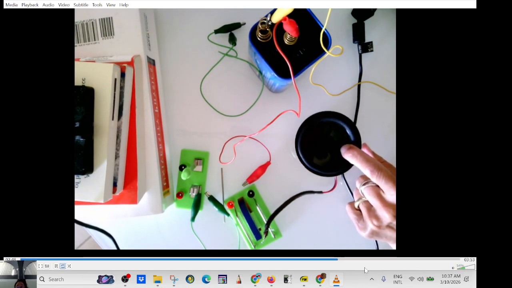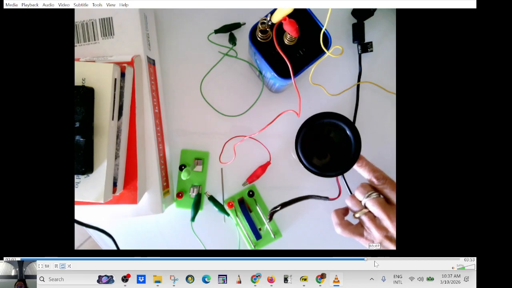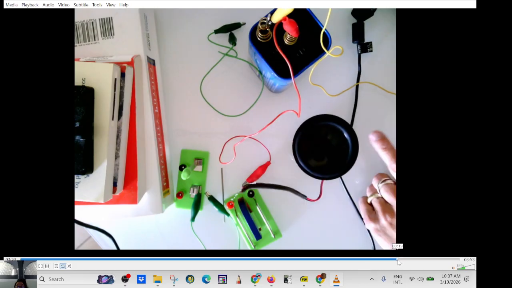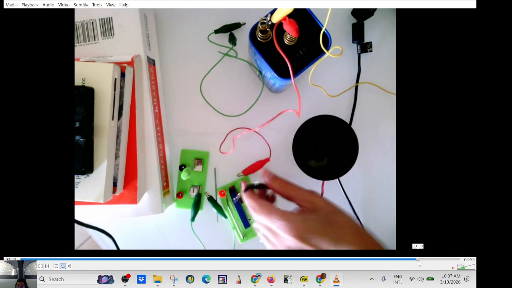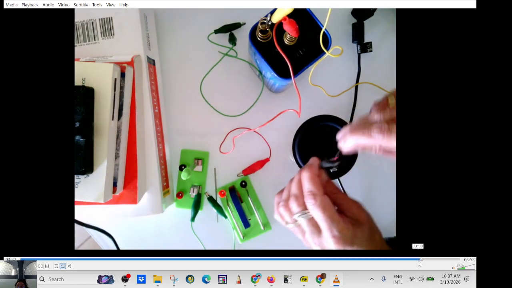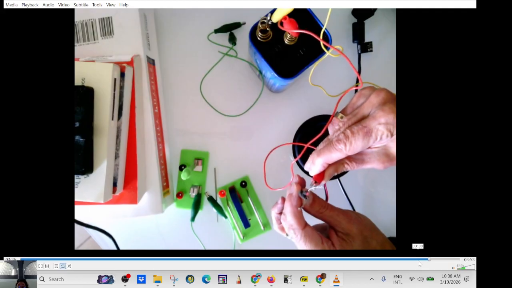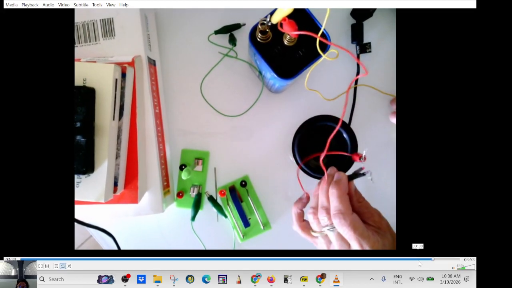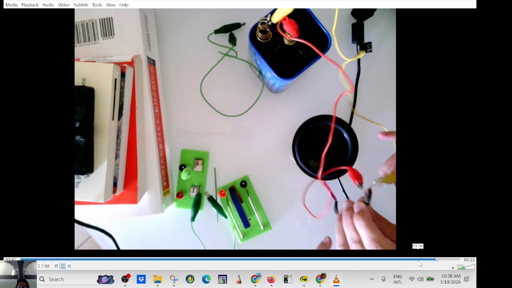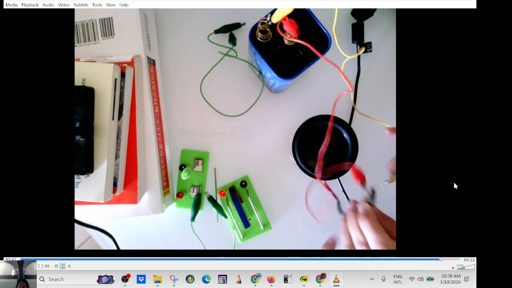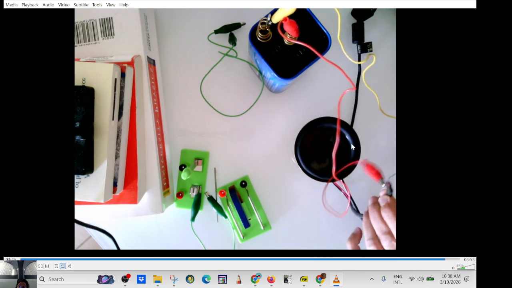If you connect that to a power supply... Okay, connect here. I don't know if you can see, but it's moving.